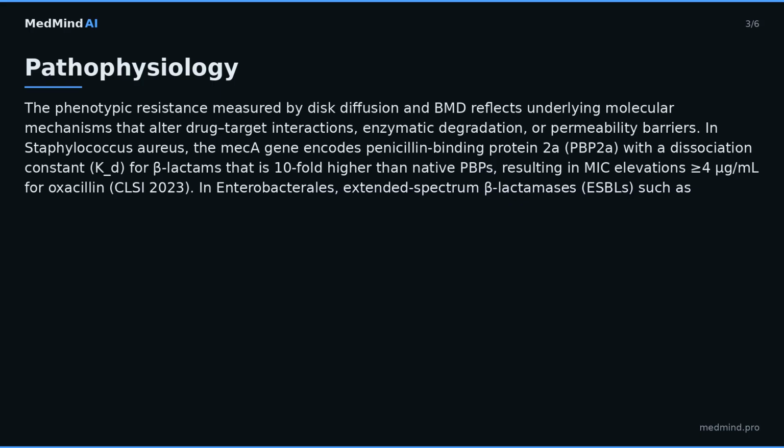In Staphylococcus aureus, the mecA gene encodes penicillin-binding protein 2A, PBP2A, with a dissociation constant, K_D, for beta-lactams that is 10-fold higher than native PBPs, resulting in MIC elevations greater than or equal to 4 µg/ml for oxacillin, CLSI 2023.